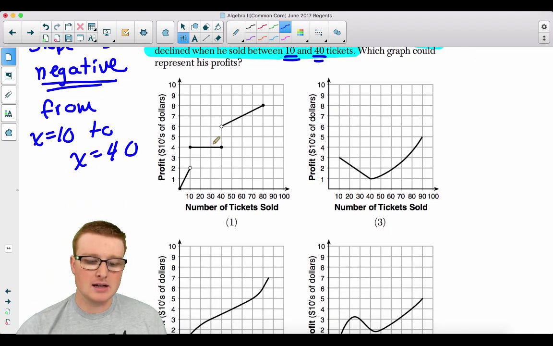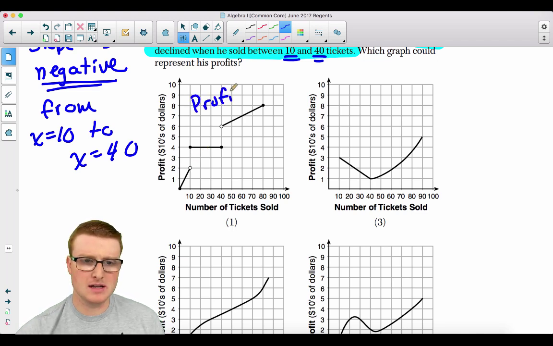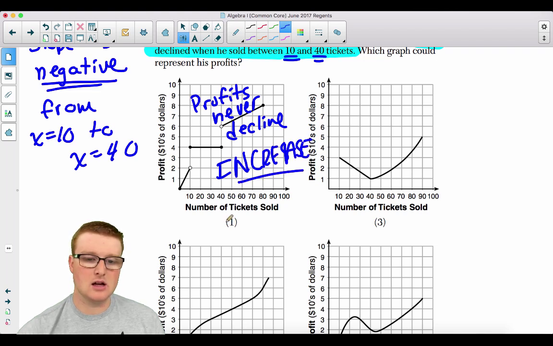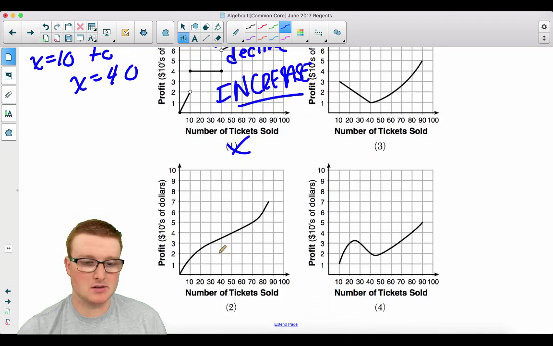Choice 1, I don't see profits ever declining. Profits never decline, it's increasing, so that doesn't make any sense. Choice 1's out.